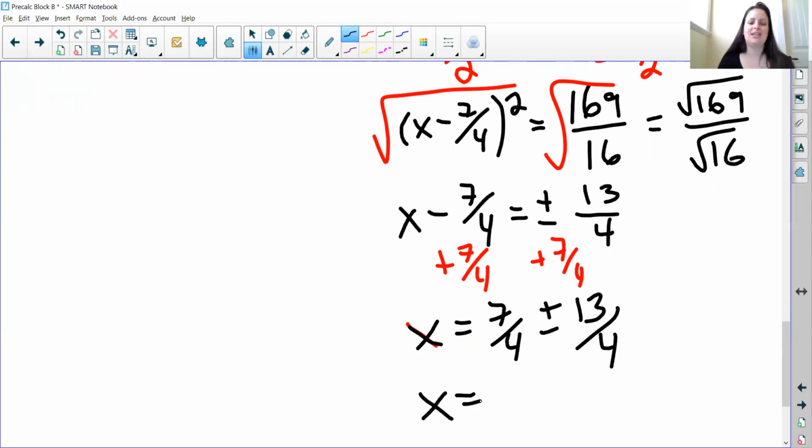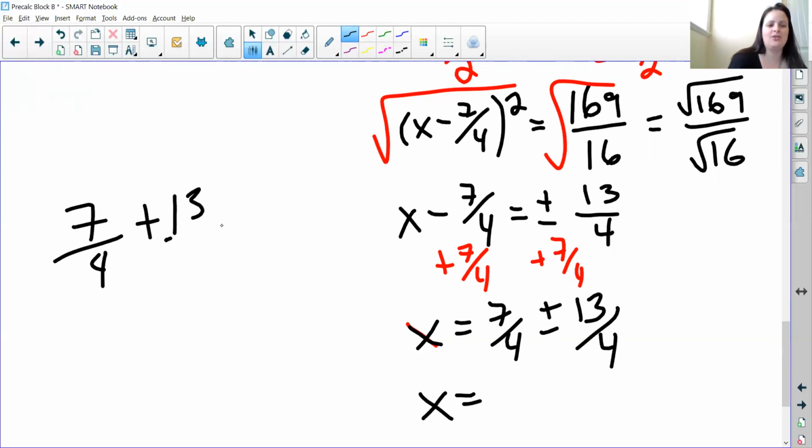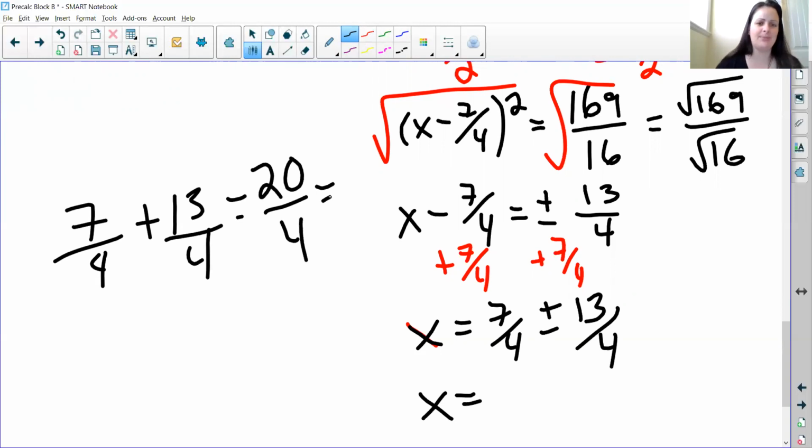So x is going to equal 7 over 4 plus 13 over 4, which is going to equal, now we just add the top, 20 over 4. And remember, a fraction is actually just a statement of division. 20 over 4 is the same thing as 20 divided by 4, so x is going to equal 5.